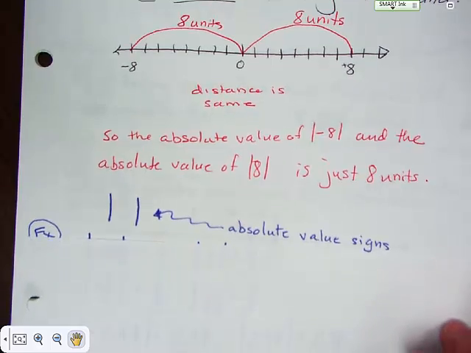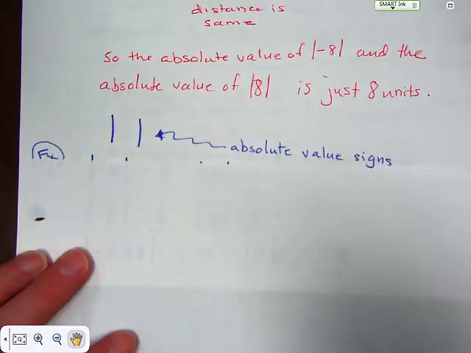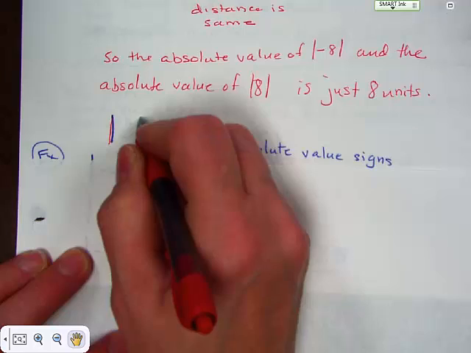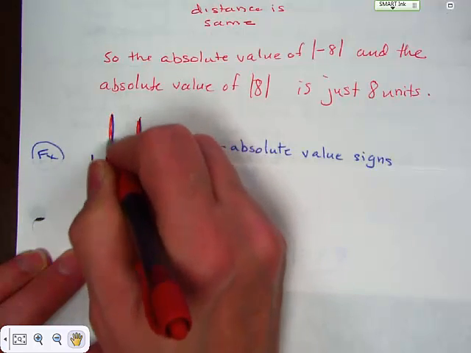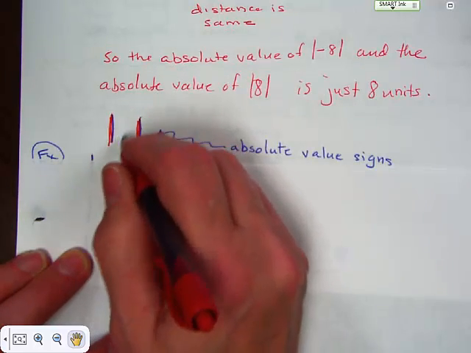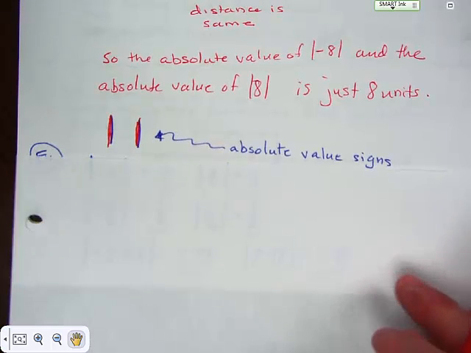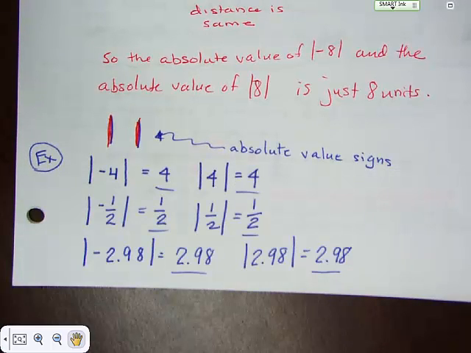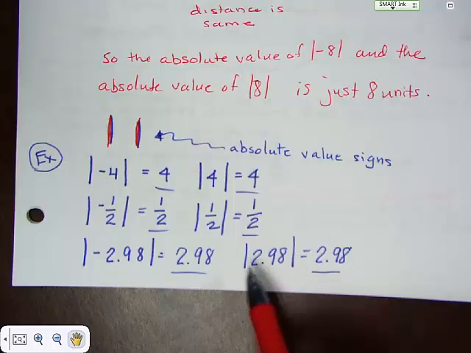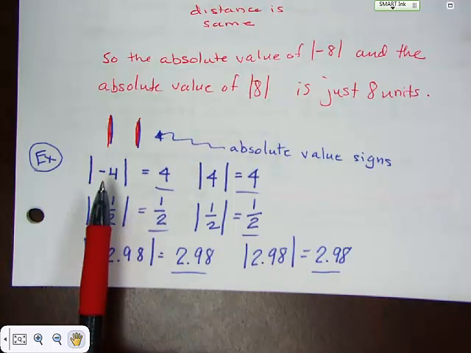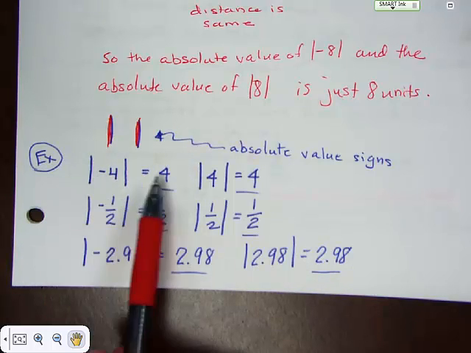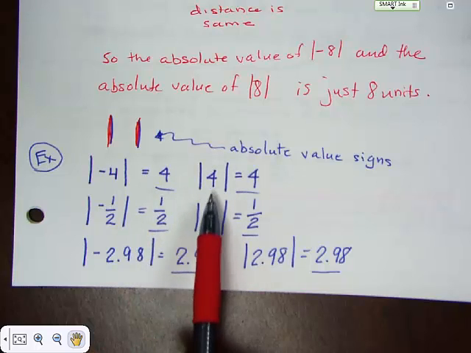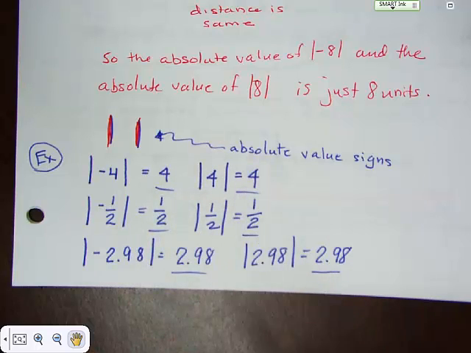Now, these are absolute value signs, these little sticky looking things right here, okay? And they're straight up and down, and usually you will see some sort of a number in between the two of them. Here are some examples of some numbers that you could see in between them, okay? The absolute value of -4 is 4, as well as the absolute value of 4 is 4. Absolute value simply means the distance away from 0.